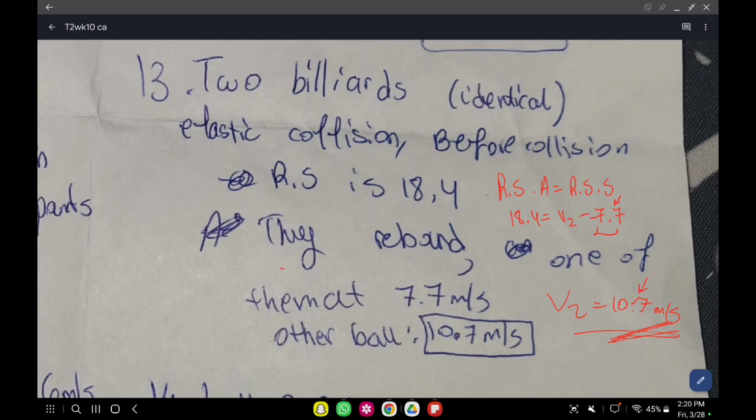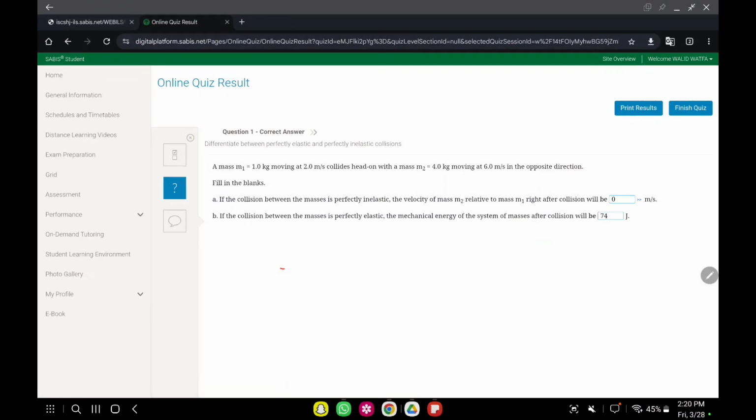I didn't write down how the question came fully, but this was the general idea. So if you see it in the exam, put 10.7. My whole point here is you need to know that the relative speed of approach is equal to the relative speed of separation in an elastic collision.